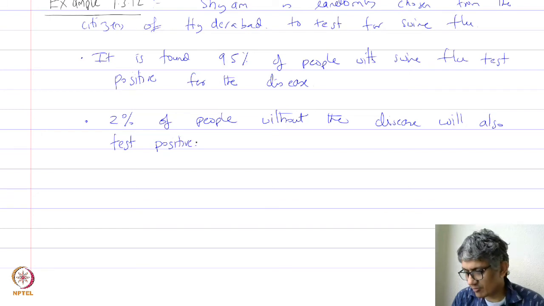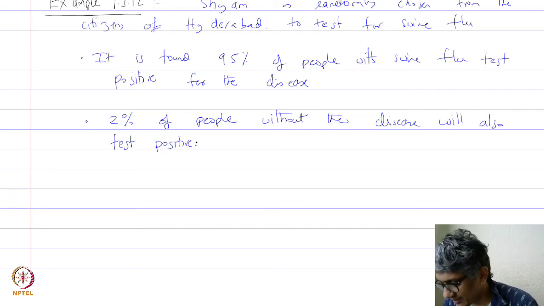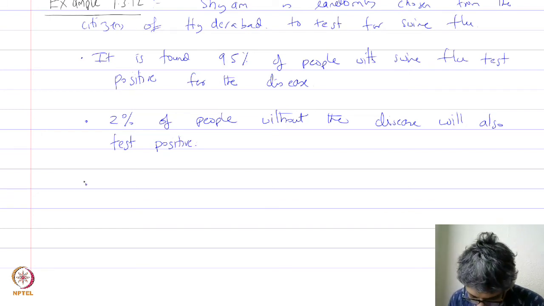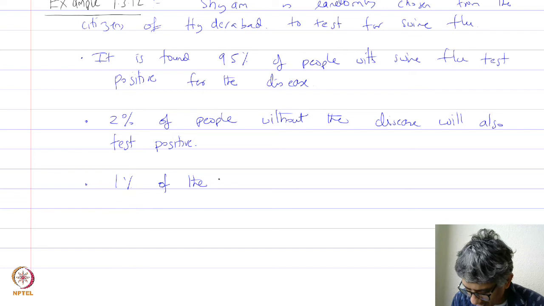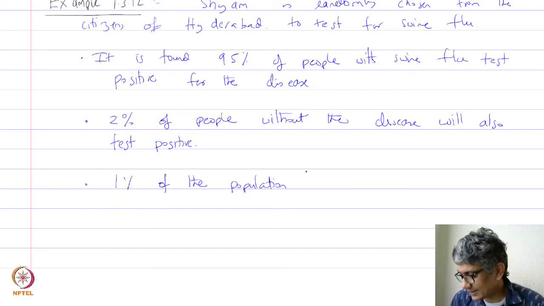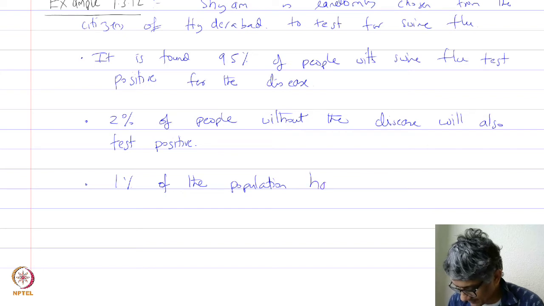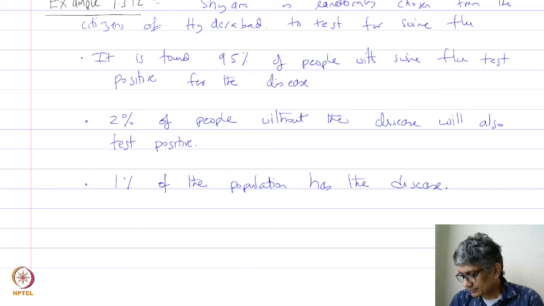There's a sort of false positive coming up. Then we also know 1% of the population, let's say, has the disease. This is what we have.